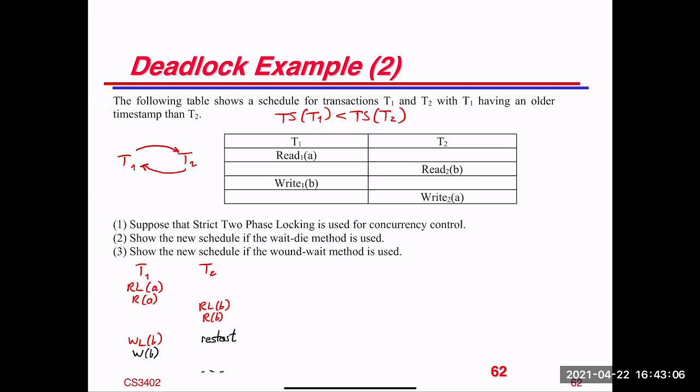So actually, well, if I restart the transaction, then all of these operations here are being rolled back, right? So the transaction hasn't done anything. So it can't be waiting for any other transaction. Okay. So in fact, we won't have any edges.